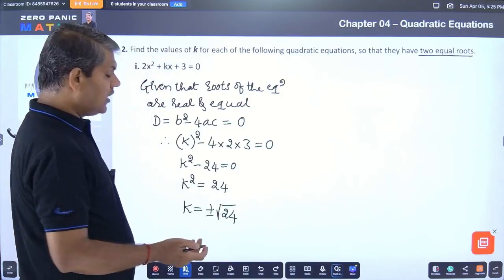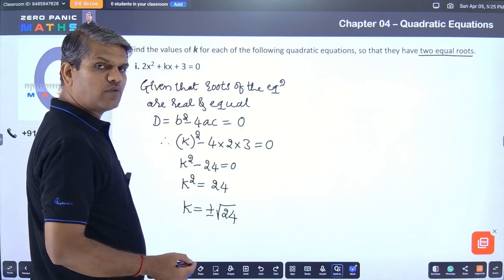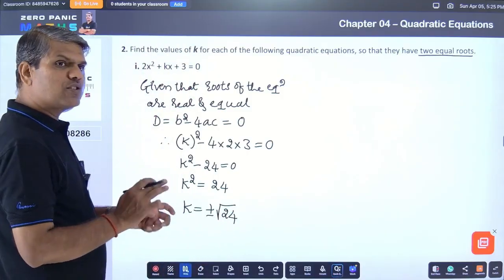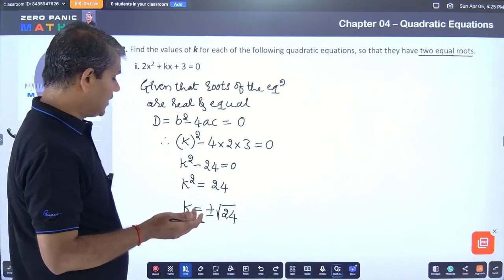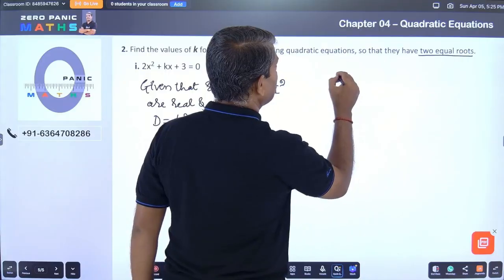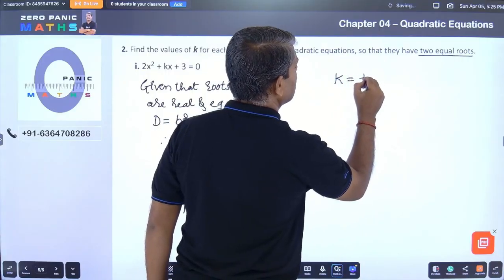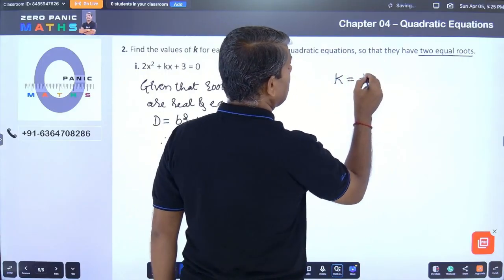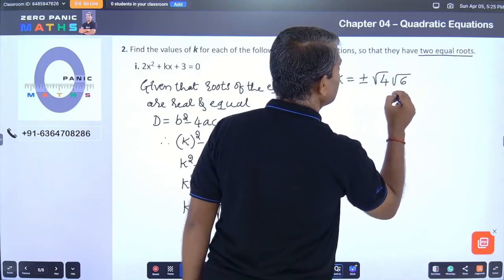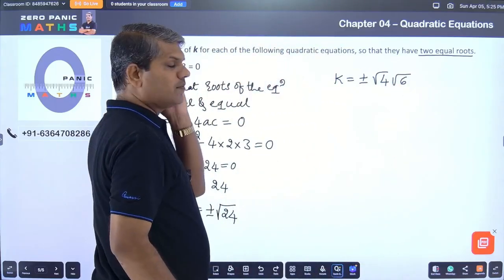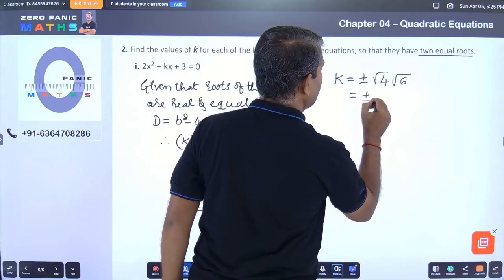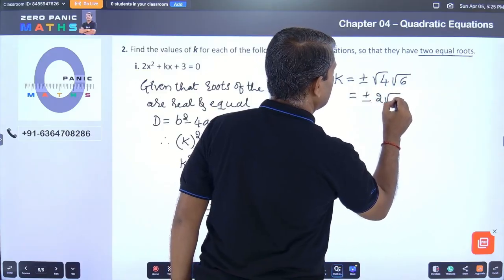Now I cannot find the exact value of square root of 24 because it is not a perfect square. I can write that as square root of 4 into square root of 6. So continuing in that line, I can write plus or minus square root of 24, I'm writing it as 4 6, and square root of 4 I'm writing as 2, so plus or minus 2 square root of 6.